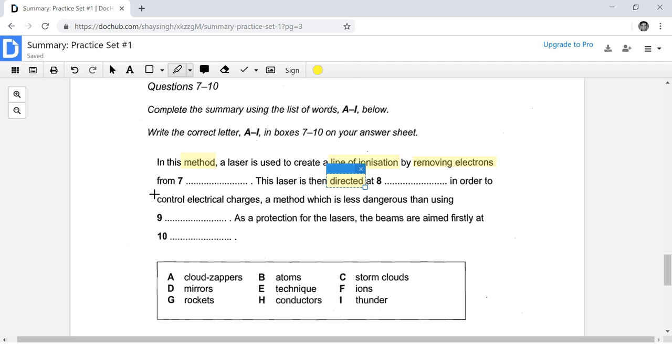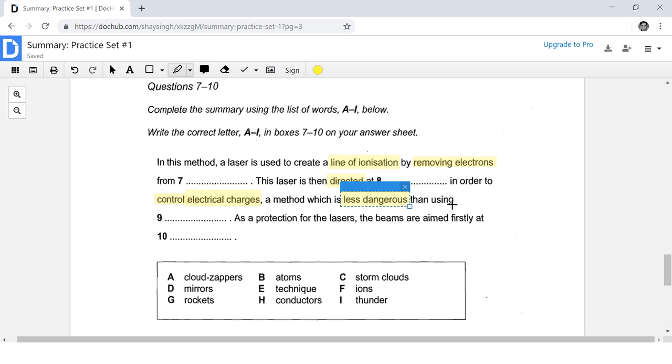Directed, control, electrical charges, method. Now method appears here as well, and it seems that this is also another repetitive keyword. It seems that the article is going to be talking about the different types of methods in relation to the lasers. Less dangerous.